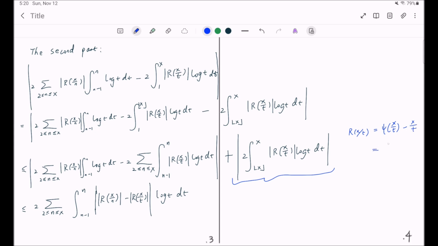And this is a big O of x divided by t by theorem 414, because psi of x is big O of x. So this absolute value for t between floor of x and x is a bounded number. So big O of 1 for t between floor of x and x.